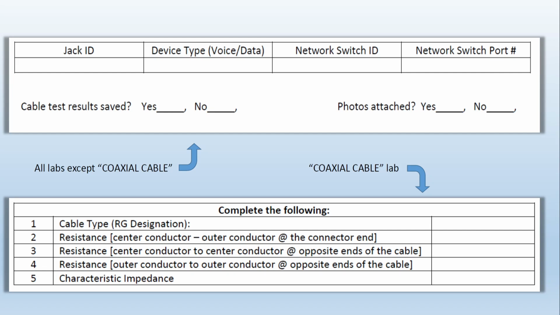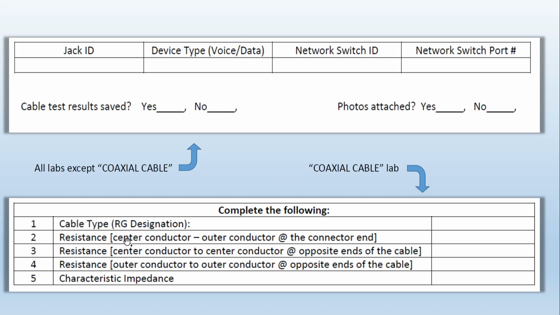They are not going to be happy with you and they might actually reject your deliverable paperwork. So if you have included them, say yes. If you didn't include them, because some of the jobs don't involve cable testing, then just say no. So the people who receive the work orders know whether to look for them or not. Photos attached, yes or no. Same thing. If you took photos and you attached them in the documentation, then say yes. If you didn't, say no.